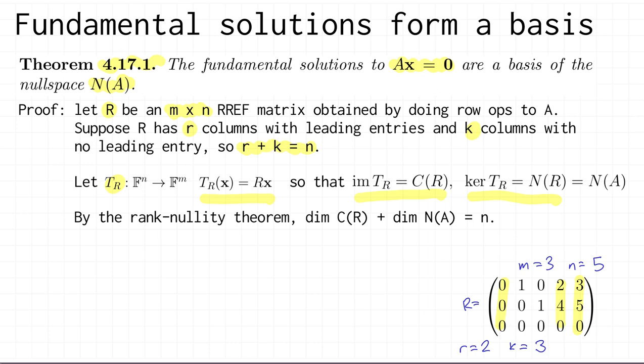So the solutions to Ax equals 0 are the same as the solutions to Rx equals 0. This equality is because row operations don't change the set of solutions to a linear equation. Doing row operations to the augmented matrix doesn't change the solutions. That is theorem 3.9.1.